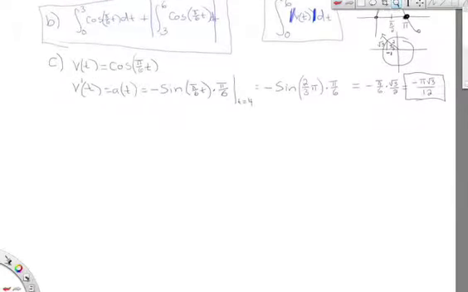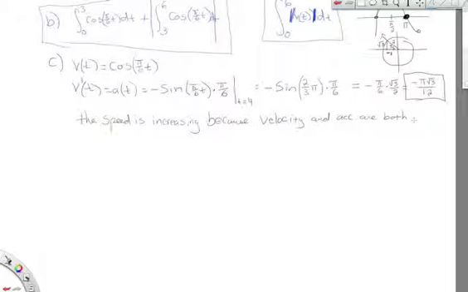So I'm going to say the speed is increasing because velocity and acceleration are both less than 0, or both negative, I guess I could say. And that's probably good enough.